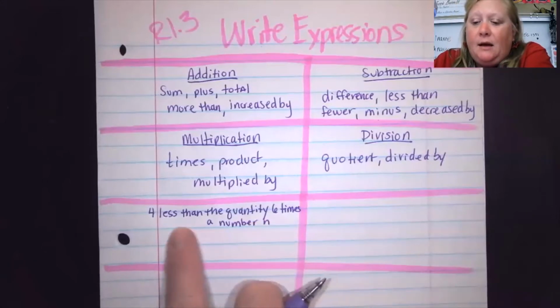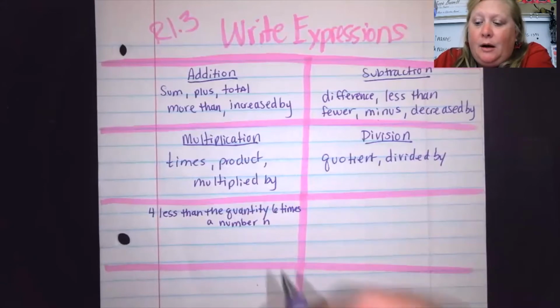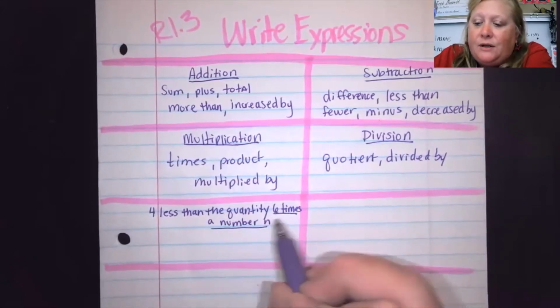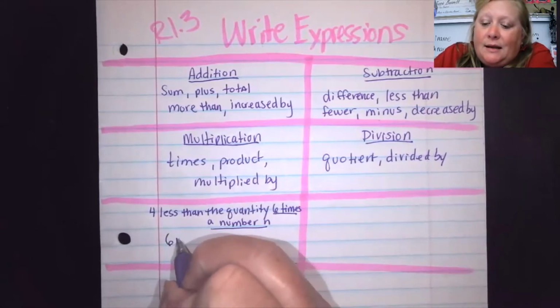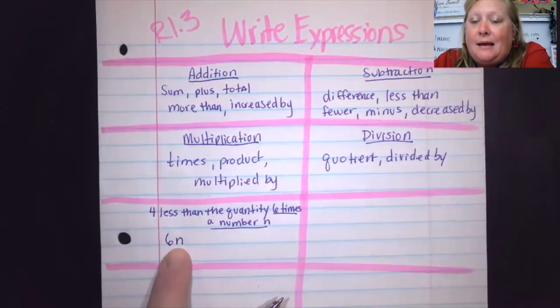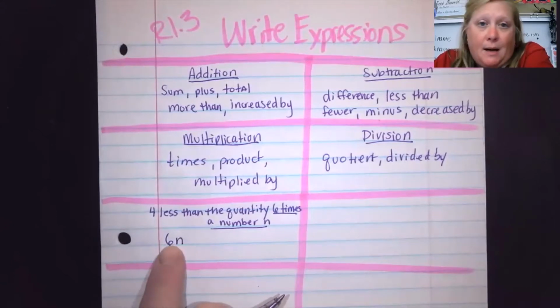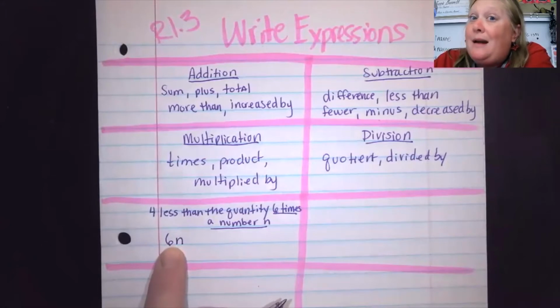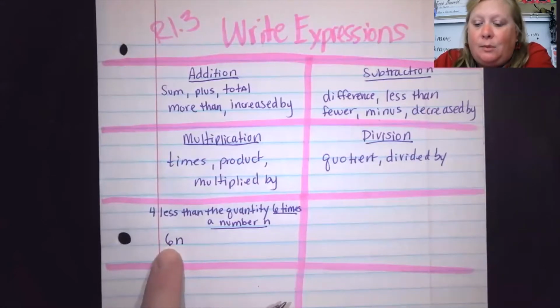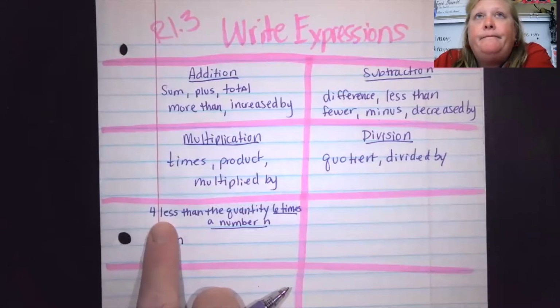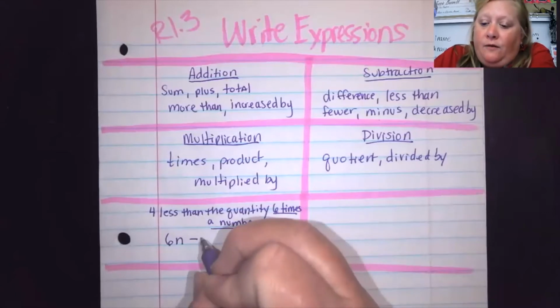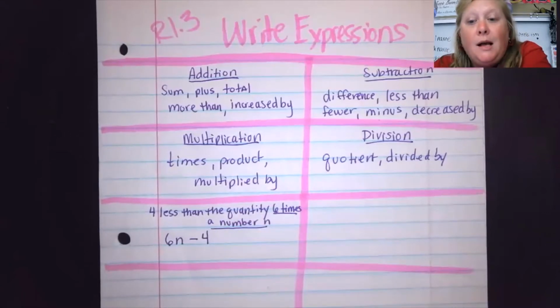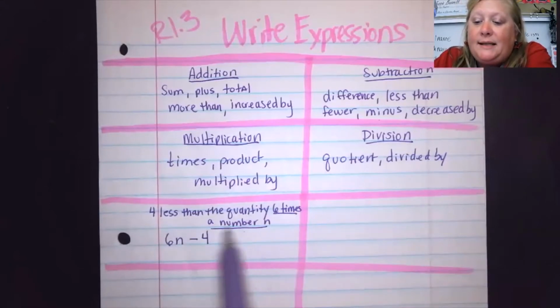So if I say 4 less than 6 times a number, I need to take care of this piece first. How do I write 6 times a number n? Well, that's 6n. Remember that you can write 6n just like this. You don't have to write a dot in between, and we're certainly not going to write an x anymore because x's we use in algebra. So what is less? Well, less is subtraction, and then 4. Awesome. You just did it: 6n minus 4.